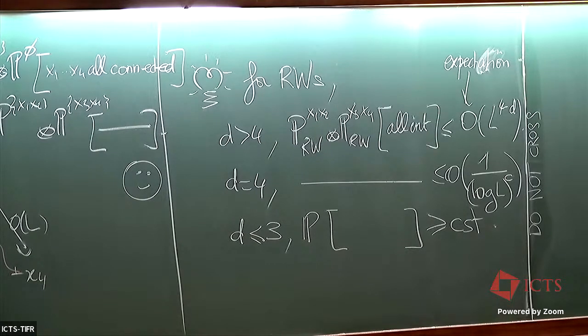Okay, so let's go to the improvement on this estimate. The proposition is called the tree diagram bound.